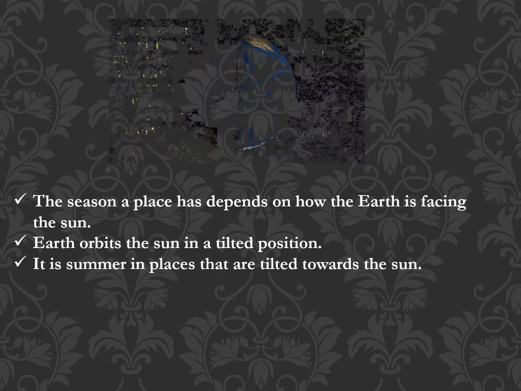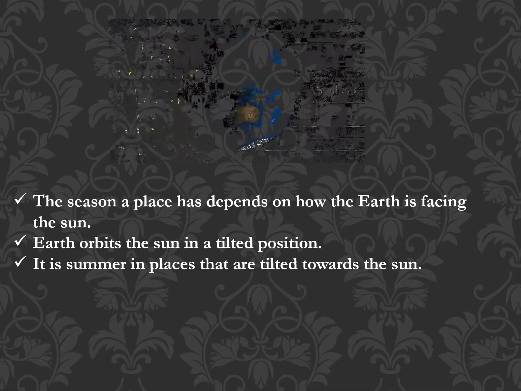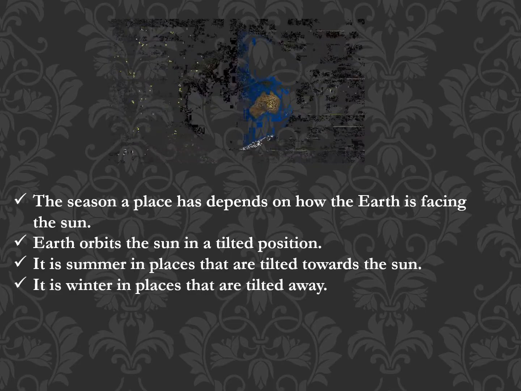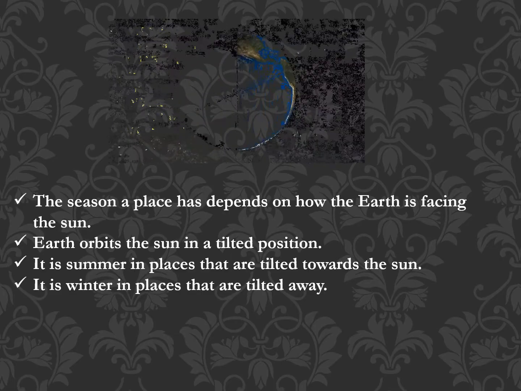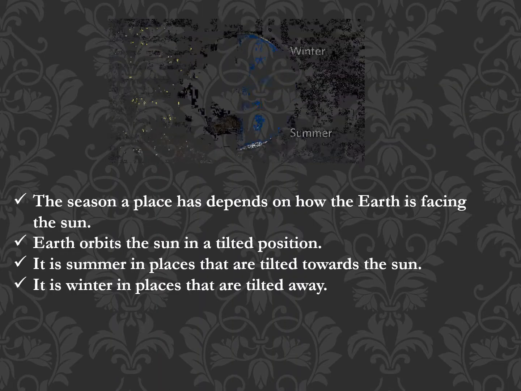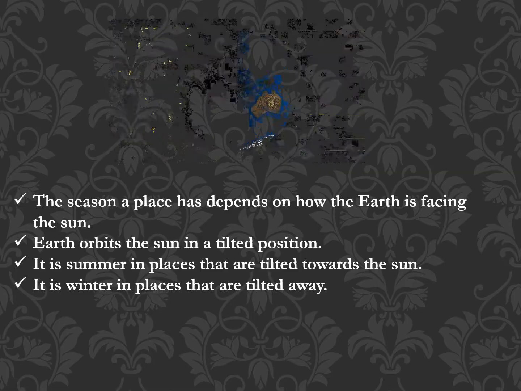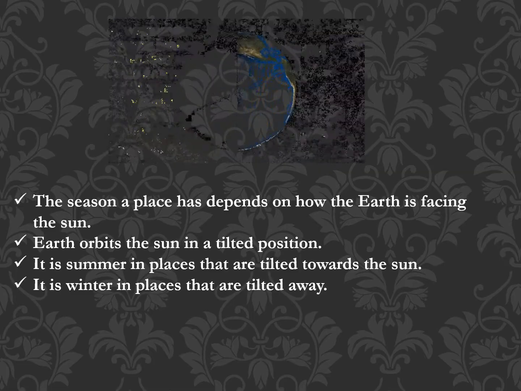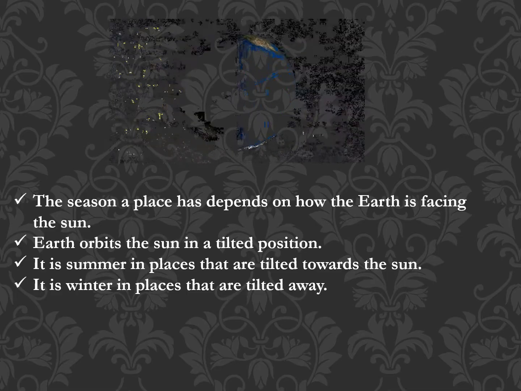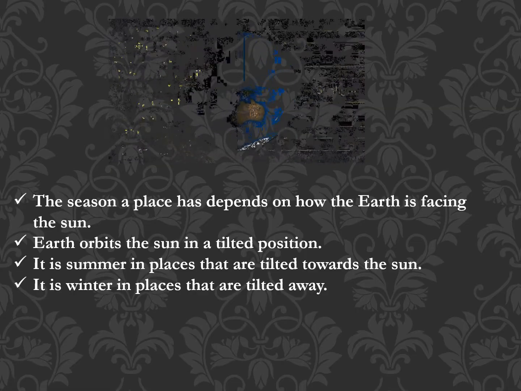It is summer in places that are tilted towards the sun, and obviously wherever it is tilted away from the sun, it is winter. So, when the earth rotates around its axis, the part of the earth that faces the sun has summer, and the part of the earth that is tilted away from the sun has winter.